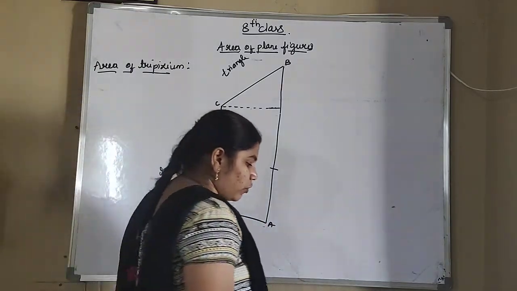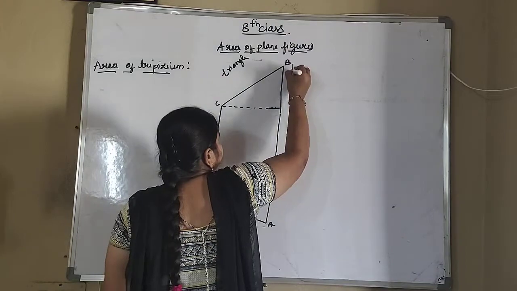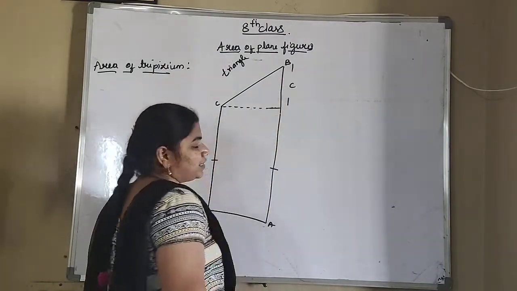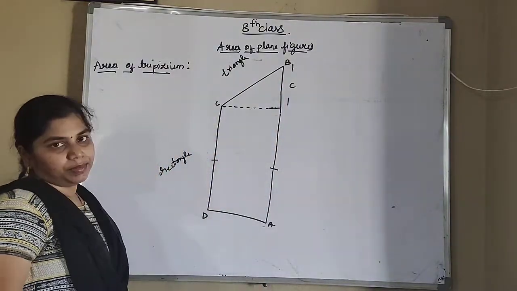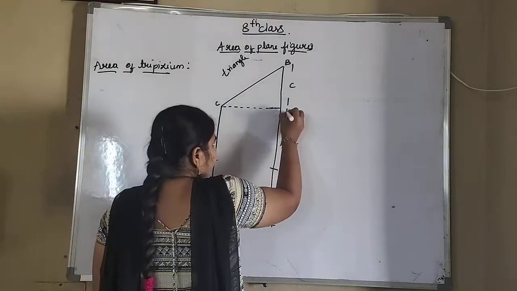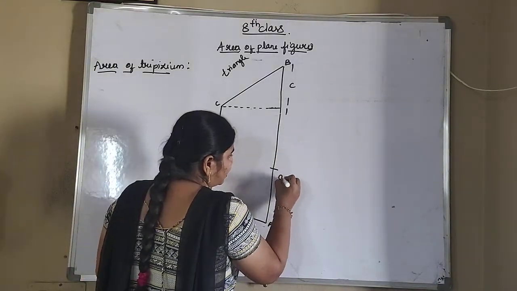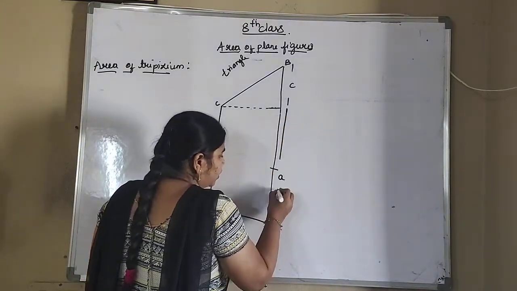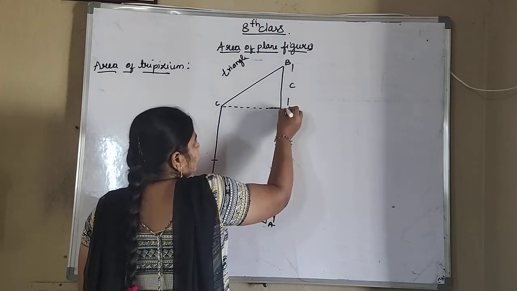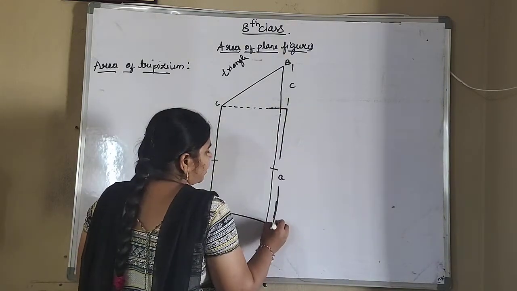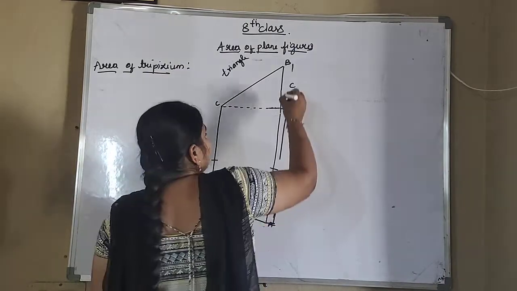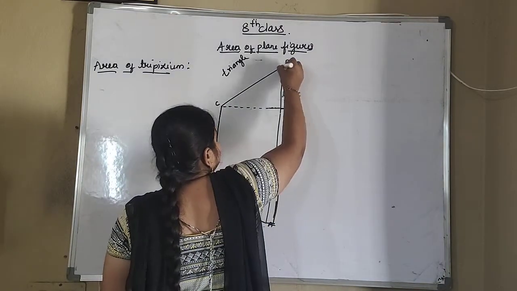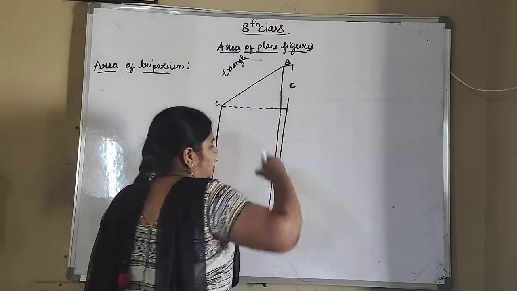Now from here to here the length I am taking as C centimeters, and from here to here the length is A centimeters.